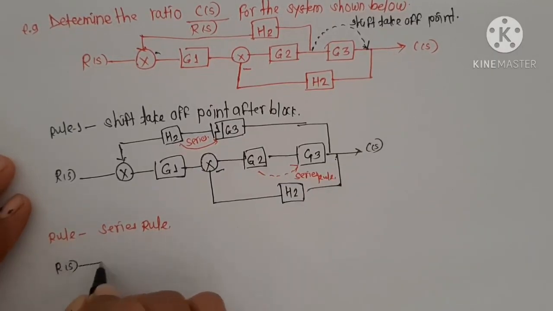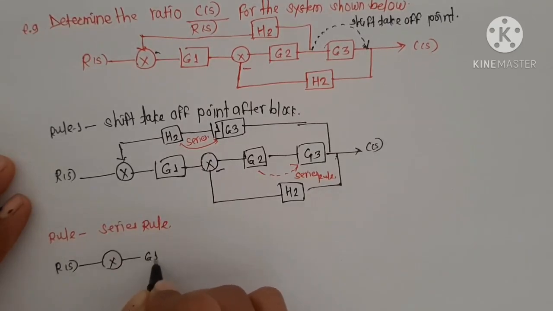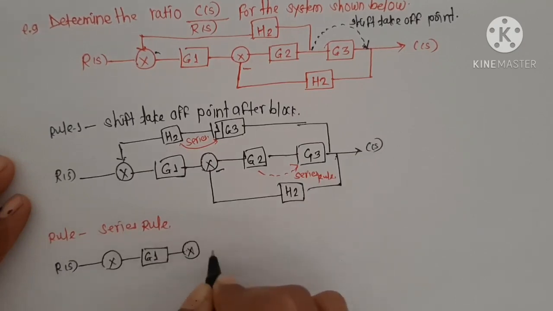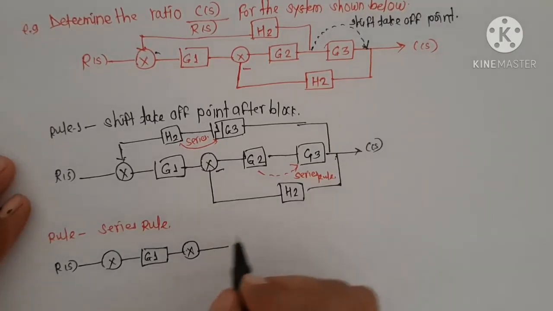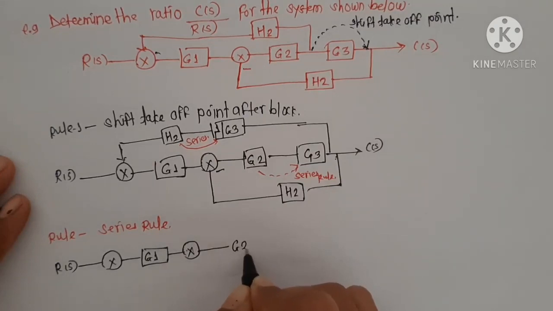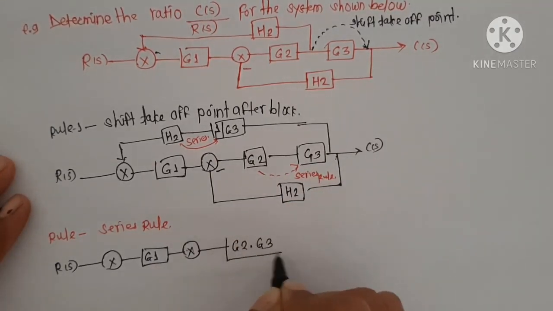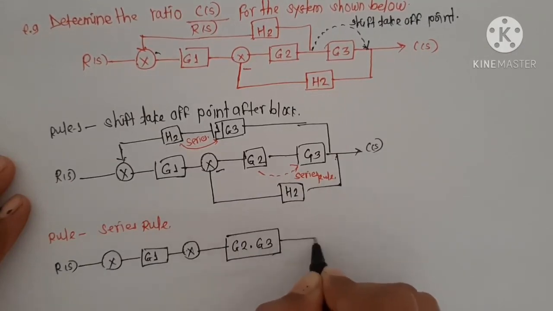R(s), G1 here, next summing point, after that G2 G3, because these two blocks are in series, that is why we take the multiplication and write it in one block.